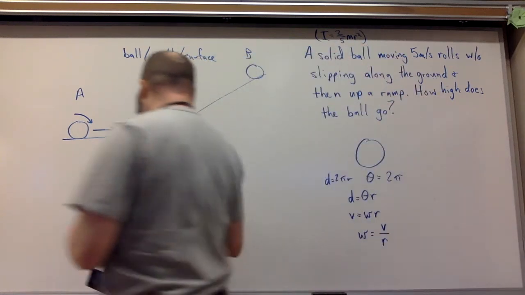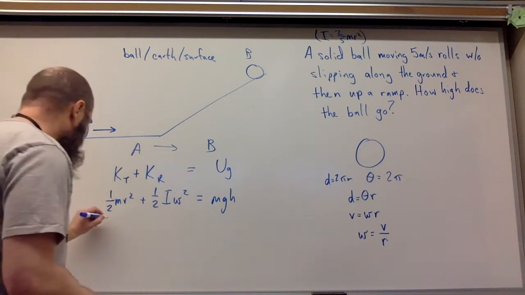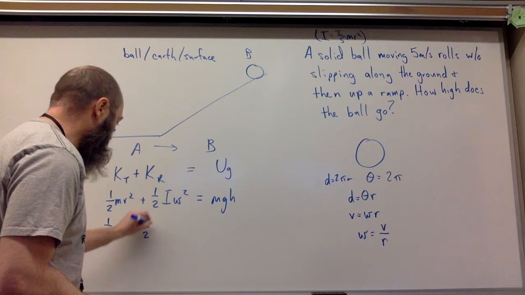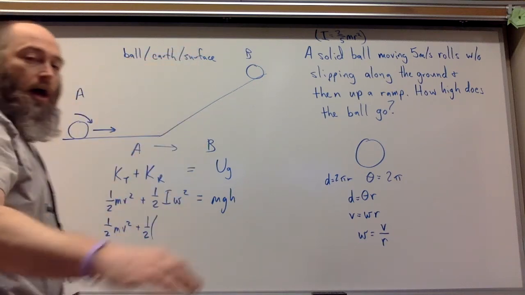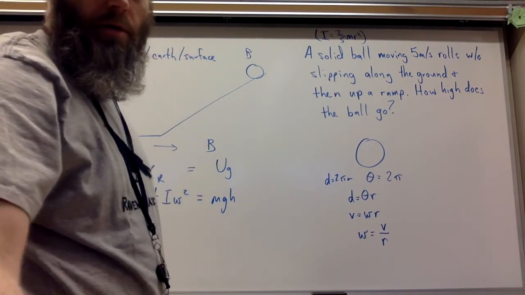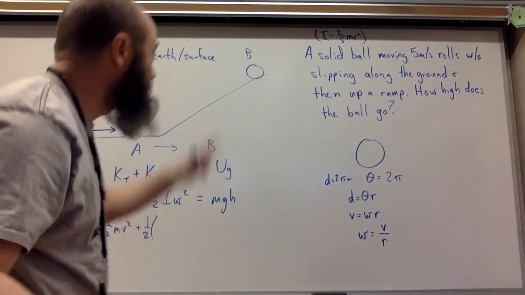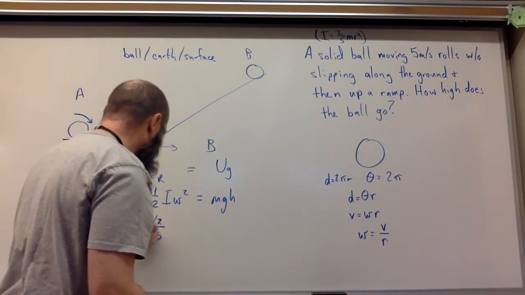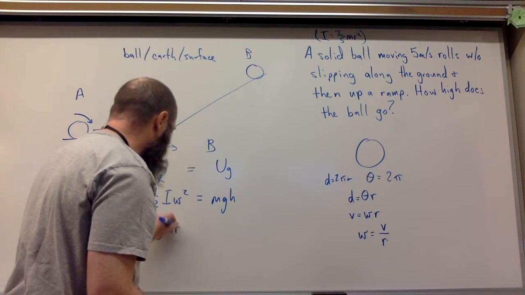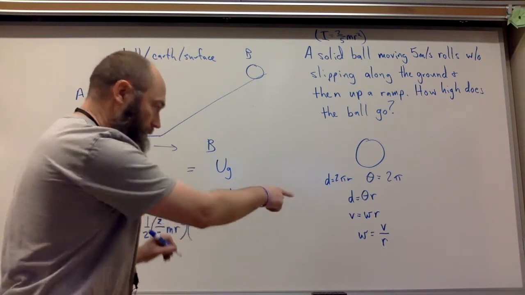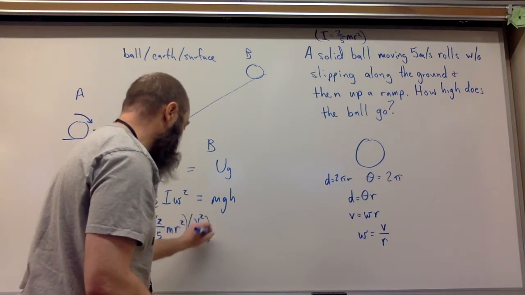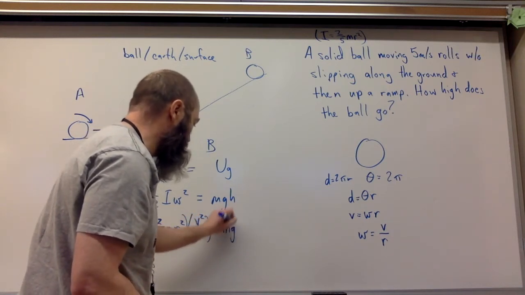All right, let's plug stuff in. So I get 1/2 mv squared plus 1/2, I got to use my rotational inertia equation, 2/5 mr squared times v squared over r squared, equals mgh.